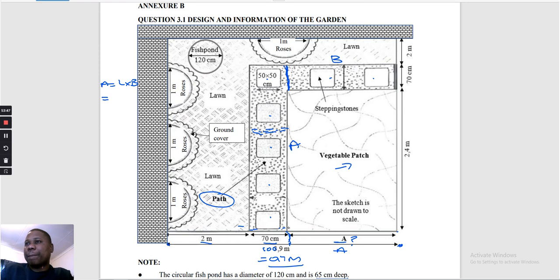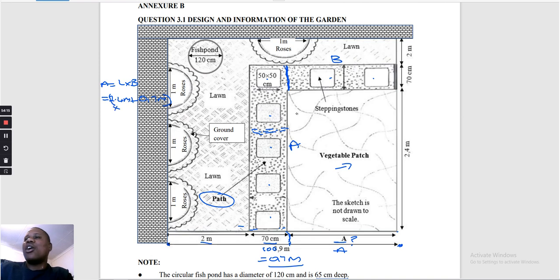So we're going to say 2,4 is our length, but not the whole length. 2,4 meters plus, remember the 70 centimeter, we've converted it to 0,7, so plus 0,7 meters.